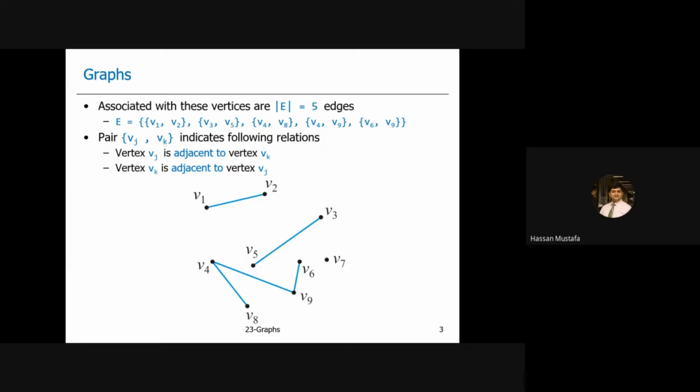So this relationship is in fact the important information that we want to capture in our data structure. So this edge is actually the essence that you have when you design an application of a graph.